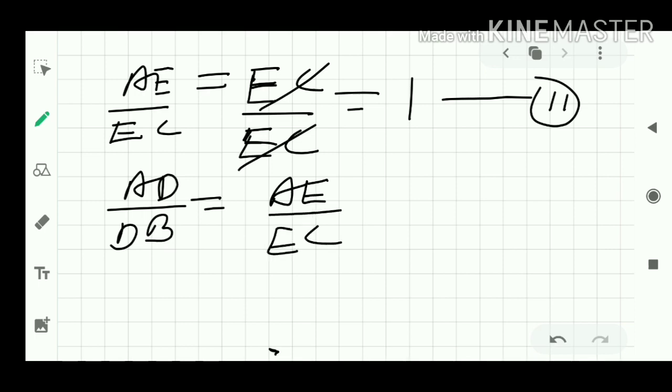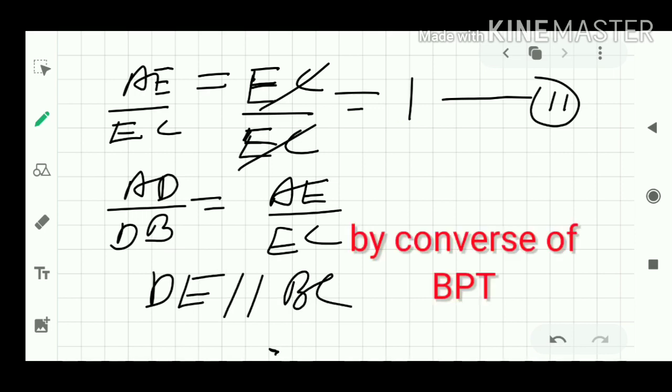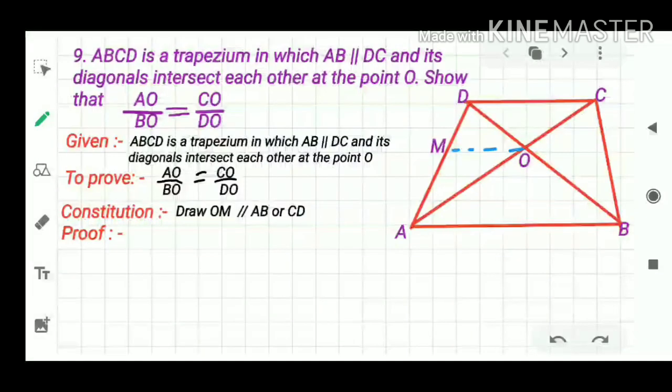So if sides are divided in proportion, then we can say that by converse of Thales theorem, DE parallel BC. This is the proof of this question.